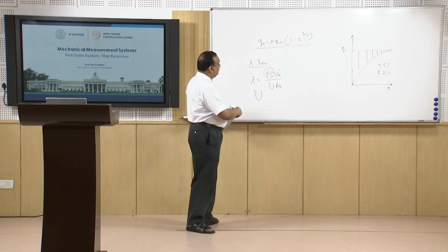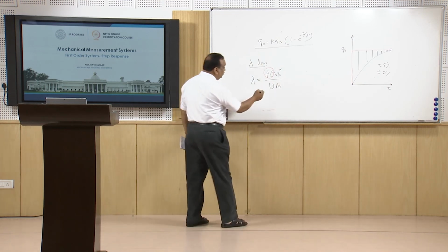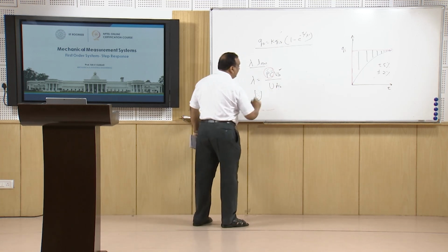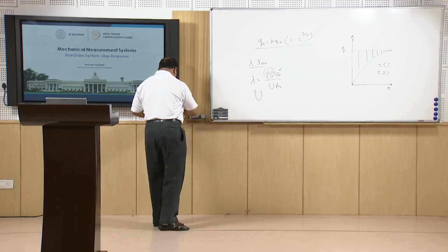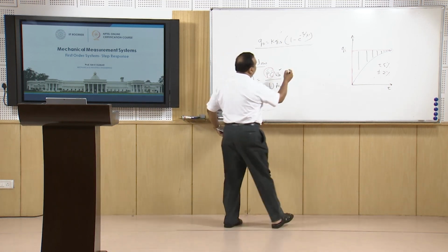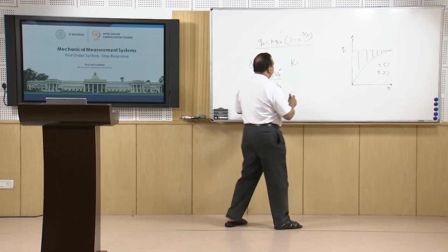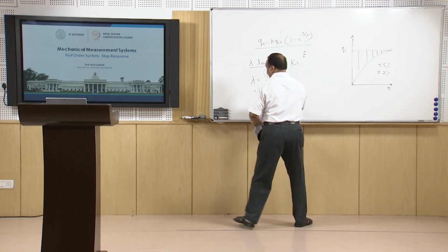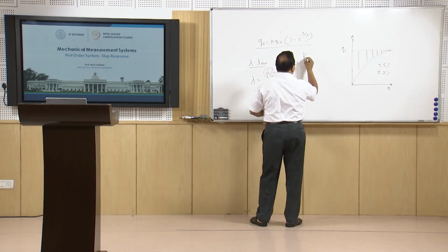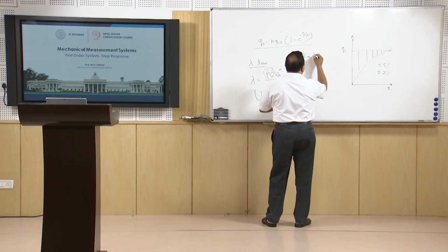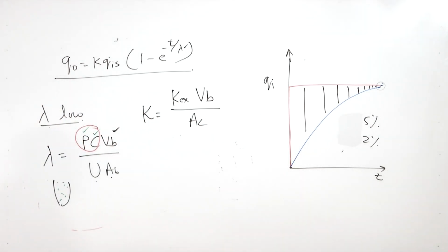Okay? And then VB, volume of the bulb, has to be as low as possible, U as high as possible, and AB as high as possible. Now, here there is a problem. When we talk about this K for the thermometer, the sensitivity, it is about the expansion coefficient, VB and the cross section area of the tube.